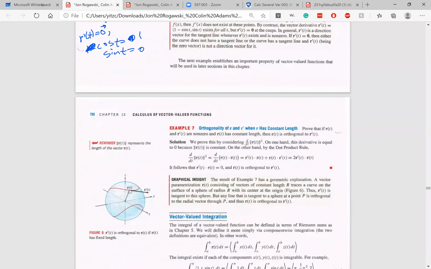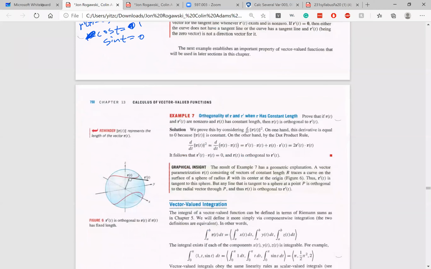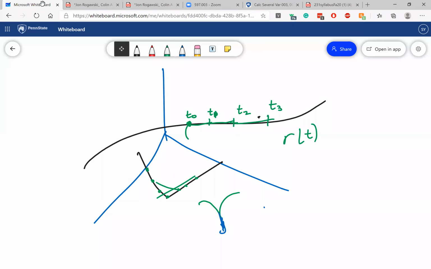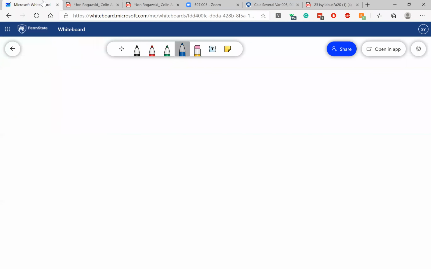Now prove that if r of t and r prime of t are non-zero, and r of t has constant length, then r of t is orthogonal to r prime of t. Before that, let's try to give a good example for that happening. Let's say you have the curve r of t equal to cosine of t, sine of t.